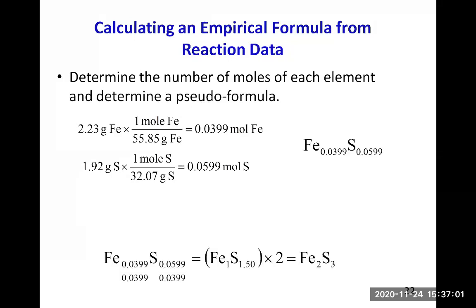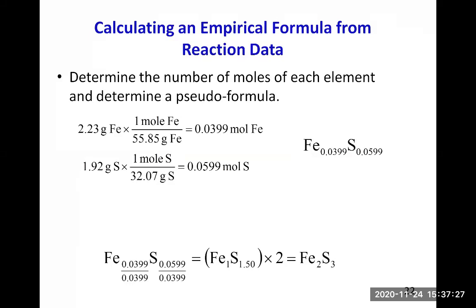So Fe 0.0399 over 0.0399 is going to be a 1. And for the sulfur, 0.0599 divided by 0.0399 is 1.5. So we have this pseudo formula now of Fe1S1.5.